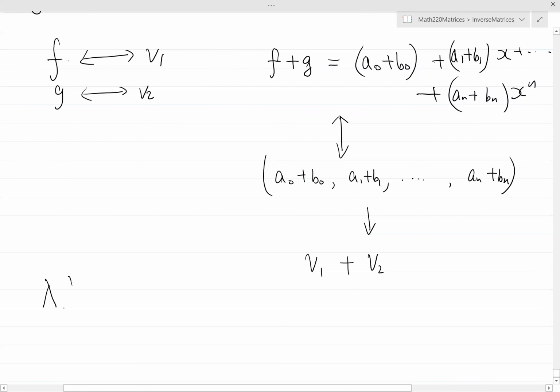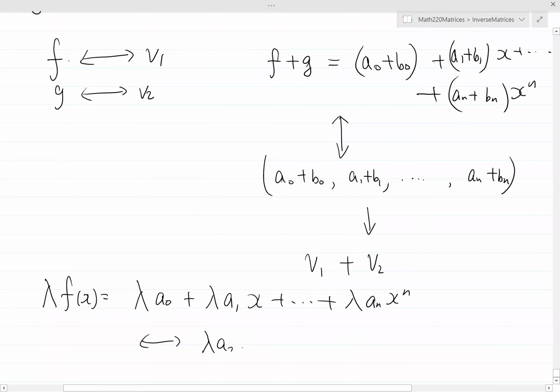So this is the correspondence. Of course, you can check scalar multiplication. For scalar multiplication of f(x), you distribute to every term. So this corresponds to lambda a0, lambda a1, lambda an, which is exactly lambda times the vector a0, ..., an, which corresponds to lambda v1.